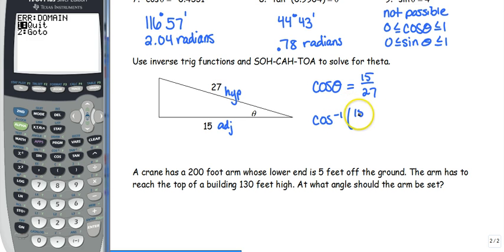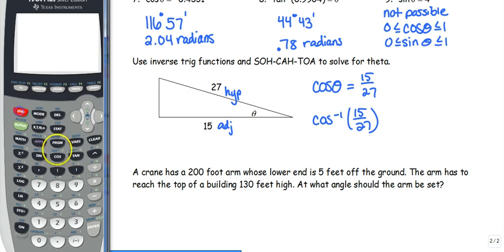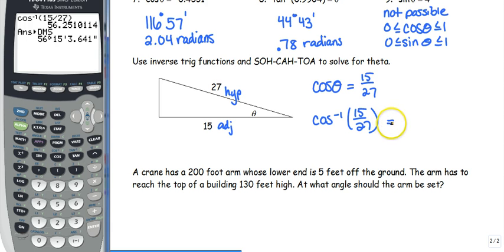of that ratio. When we do that inverse cosine of 15/27, let's go ahead and start with degrees, so we put that in degrees. Number 4, remember whenever we have degrees, we always do degrees and minutes, so that's 56 degrees and 15 minutes.